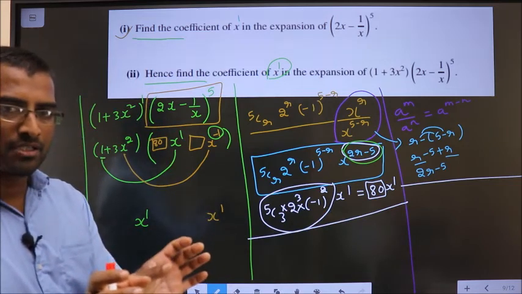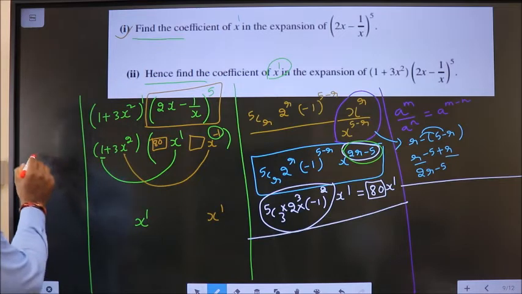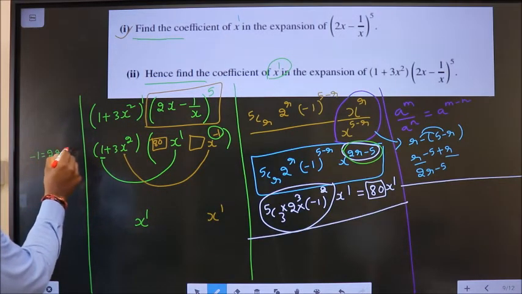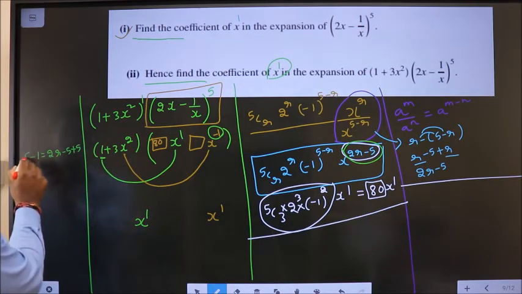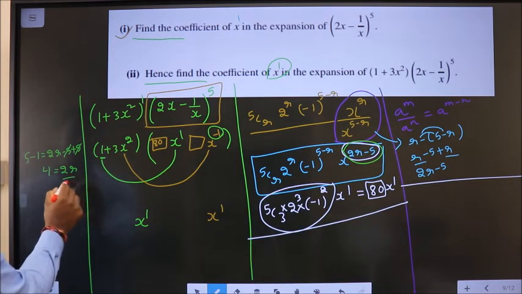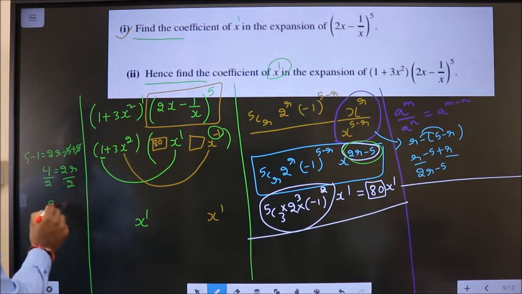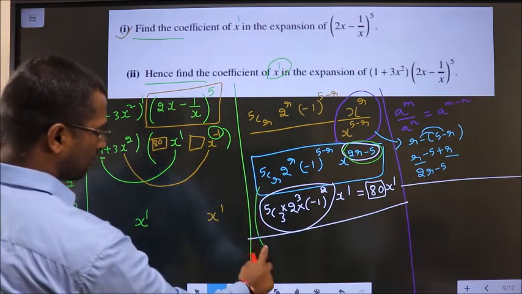Equate both the powers of x to get the value of r. So, −1 = 2r − 5. Add 5 now. So, this will be 4 = 2r. Divide by 2. So, r = 2.